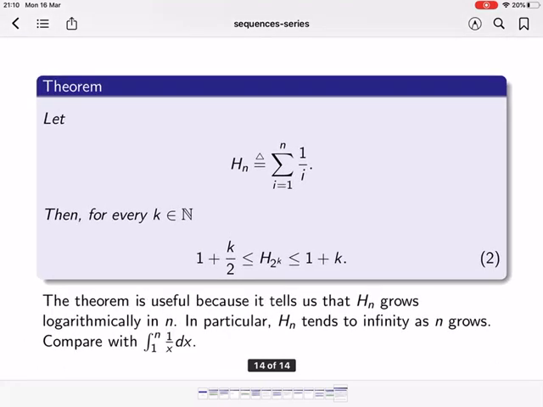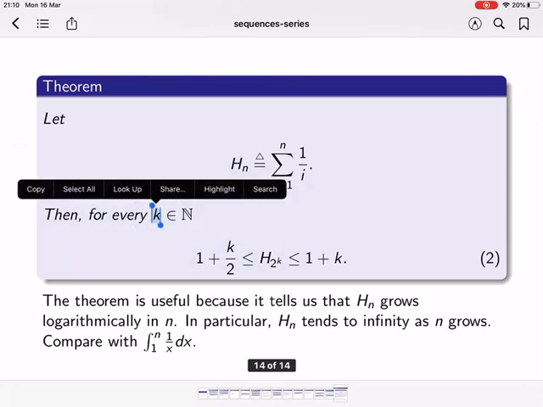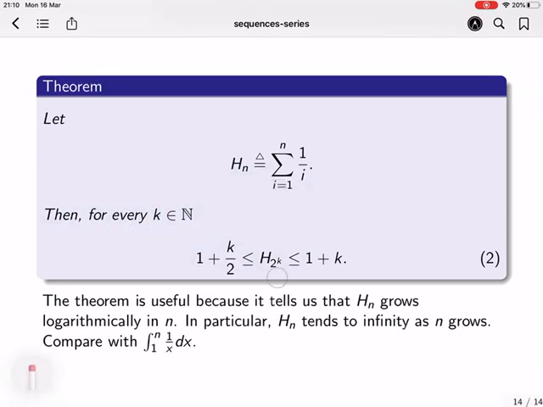Now we claim that for every k, h of 2 to the power of k is bounded from above by 1 plus k and bounded from below by 1 plus k over 2. Getting an exact expression for h of 2 to the power of k is complicated, and you always have some error term here.